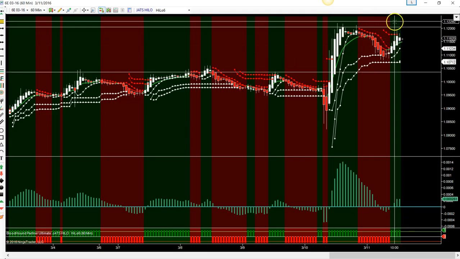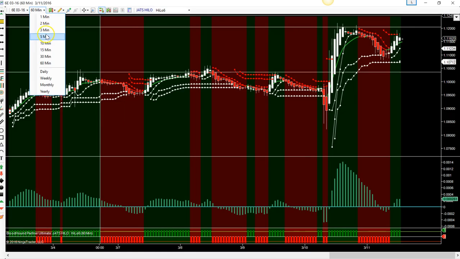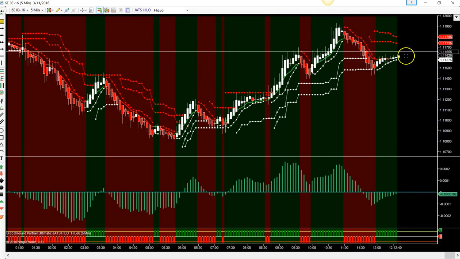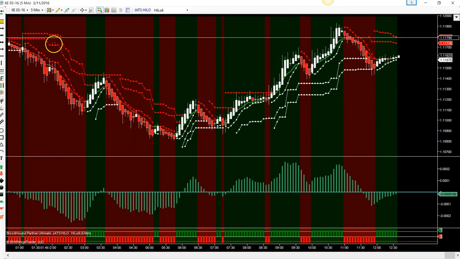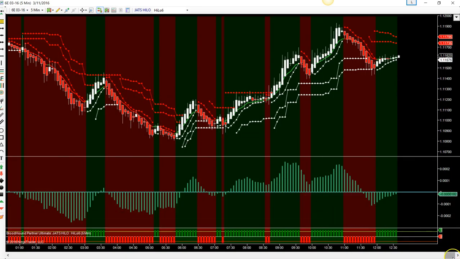So if you want to try to be watching this on your larger time frames, be watching for this trend to turn around, and start trading these when the market turns around in your direction.